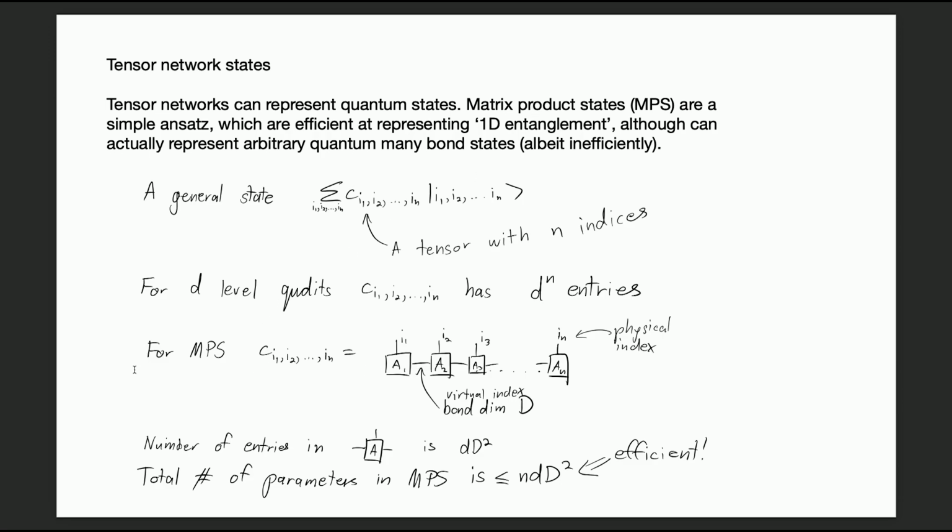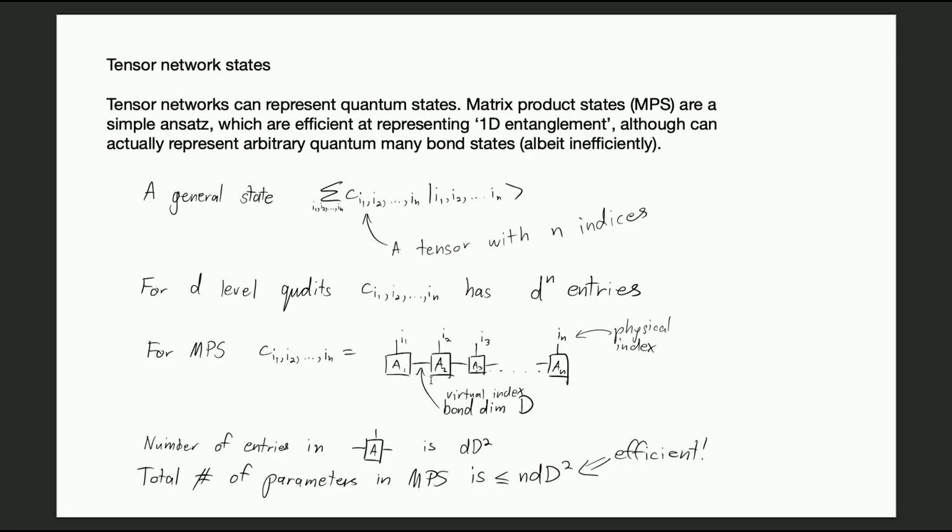For most of this talk, I'm going to consider a particular type of tensor network state called a matrix product state, where you rewrite this tensor of coefficients as the contraction of a one-dimensional chain of tensors, like so. In terms of terminology, we regard the indices that correspond to the physical degrees of freedom as physical indices, and these bonds connecting the tensors we refer to as virtual indices.